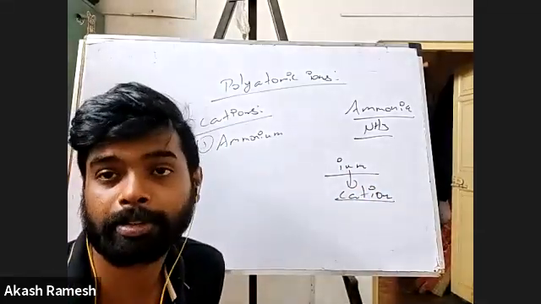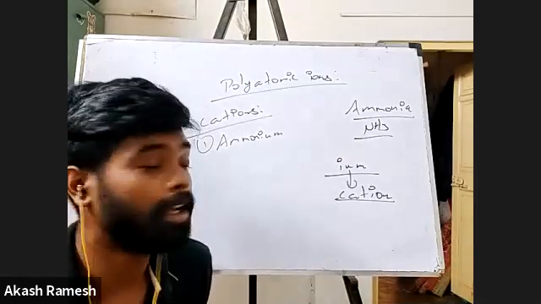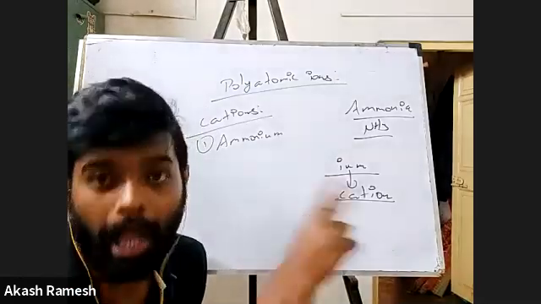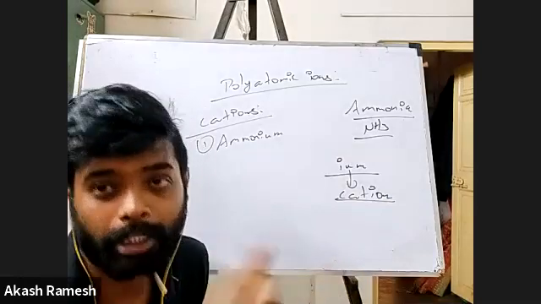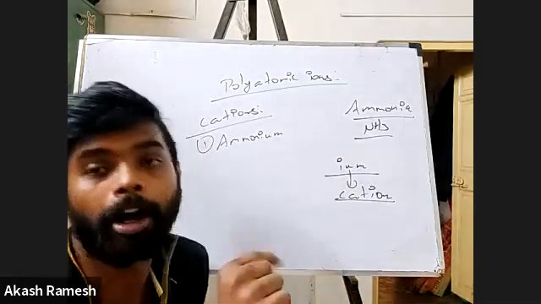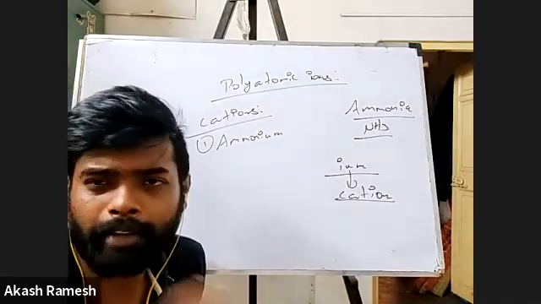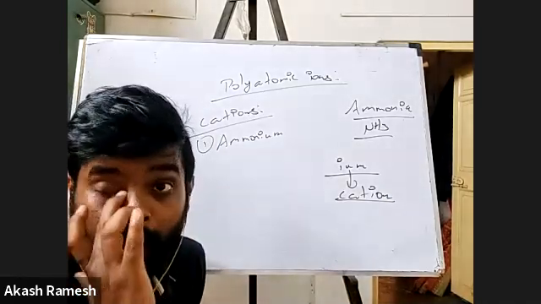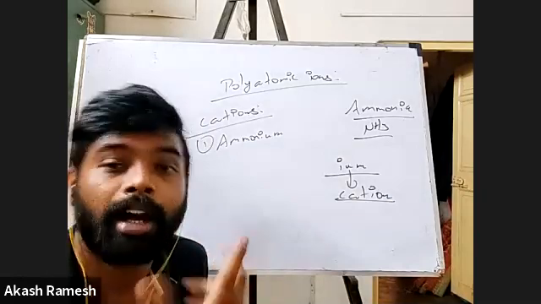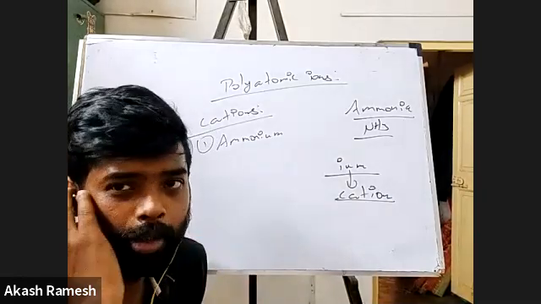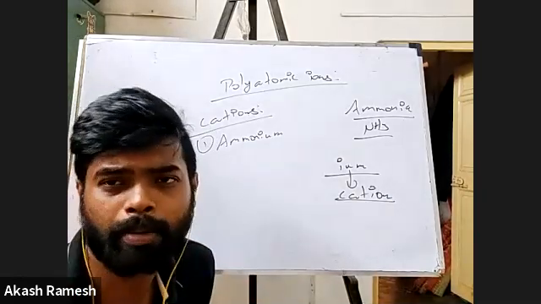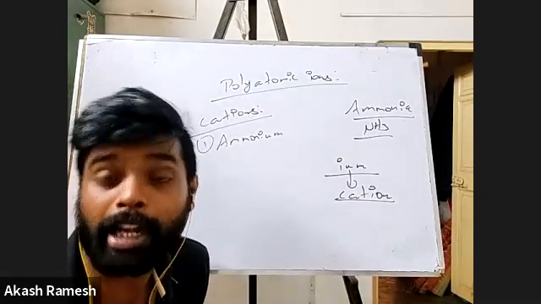Please remember this. Whenever you see IUM ending in the chemical species, sodium, aluminium, ammonium, wherever you see IUM present, any metal you take, lithium, cesium, magnesium, calcium, beryllium, anything.